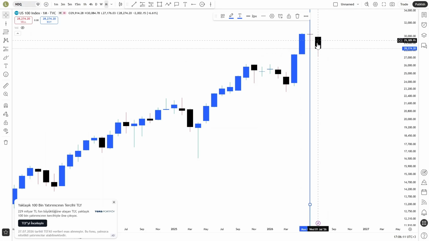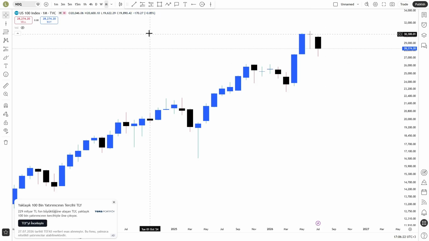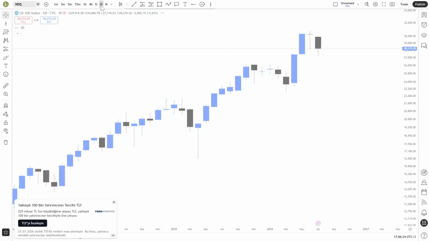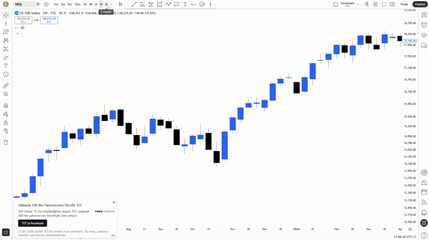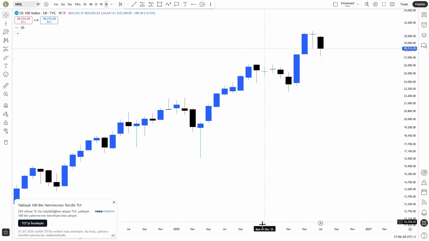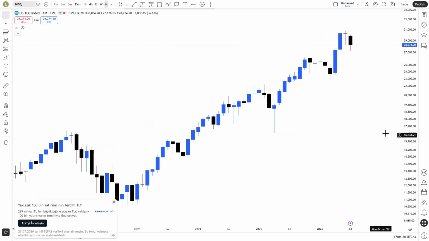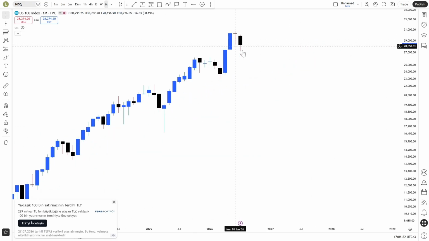This is the month of August now, so we are going to take 1 month to completely form this candle, and this was July. Okay, so now if you come on the weekly, let me first click on the monthly candle here. So we said it takes 1 full month for this 1 candle to form.